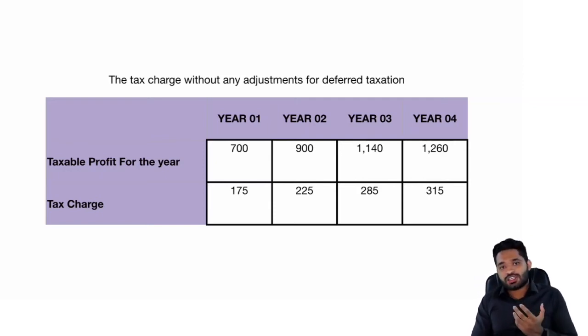Due to the tax authority's adjustment, I'm not considering the entire depreciation when I take my taxable profit. So deferred taxation is actually required by the accruals concept so that we can match our income tax expense to our actual accounting expenses.